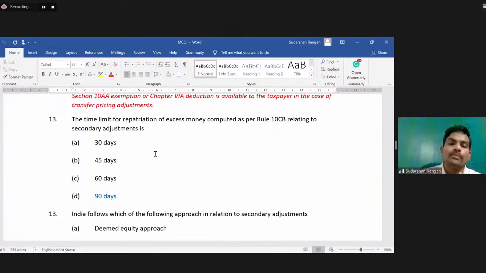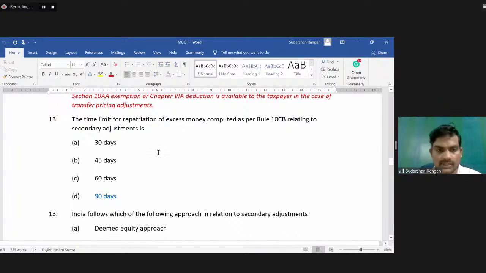That money has to be brought back to India. What is the point in just paying tax? They also want the money, they don't want it to remain a mere tax exercise. They also want that money back into India because that money has gone out of India, keeping in mind the forex as well. And secondary adjustment is a global practice. So within how many days should it be brought in?